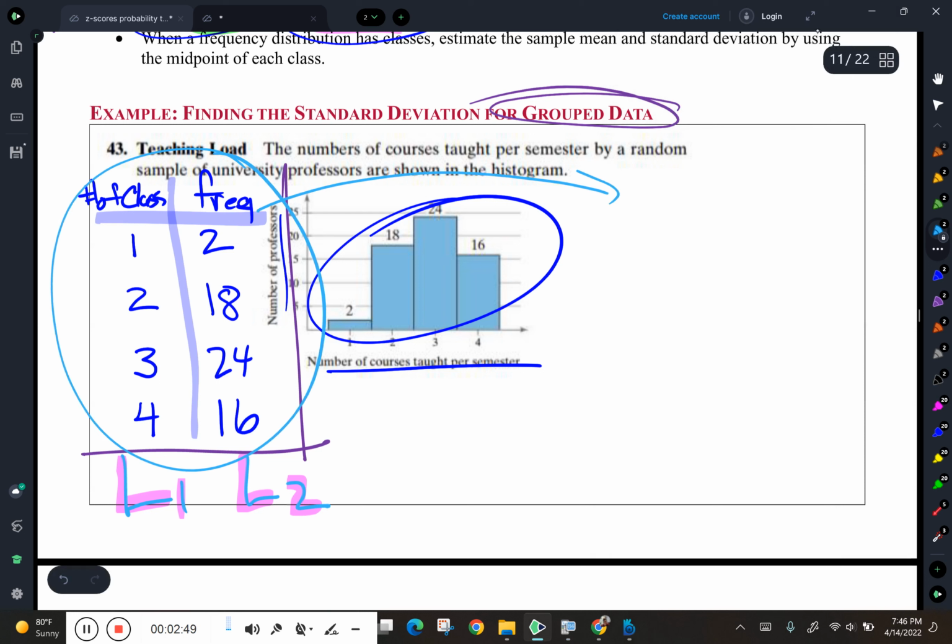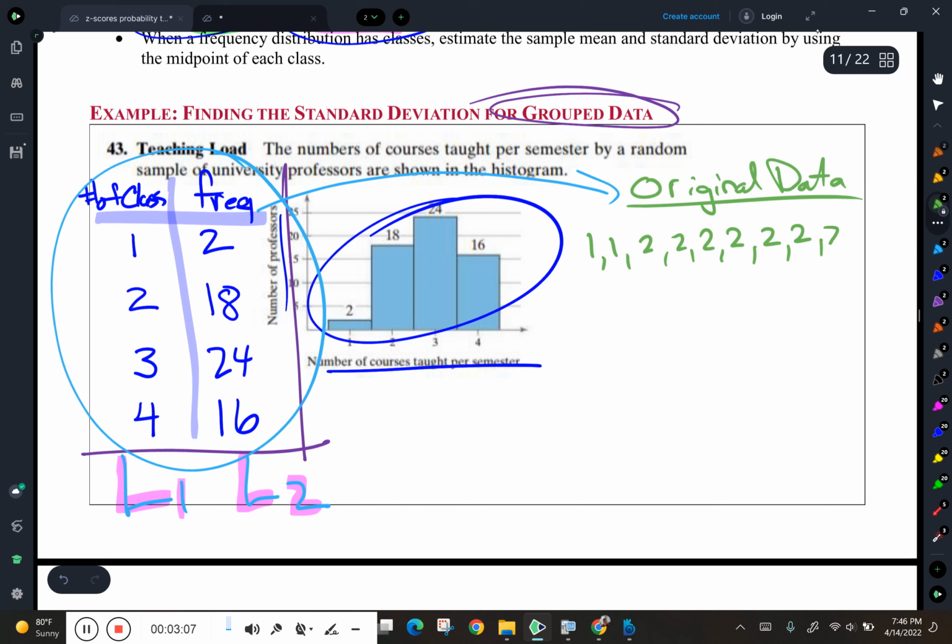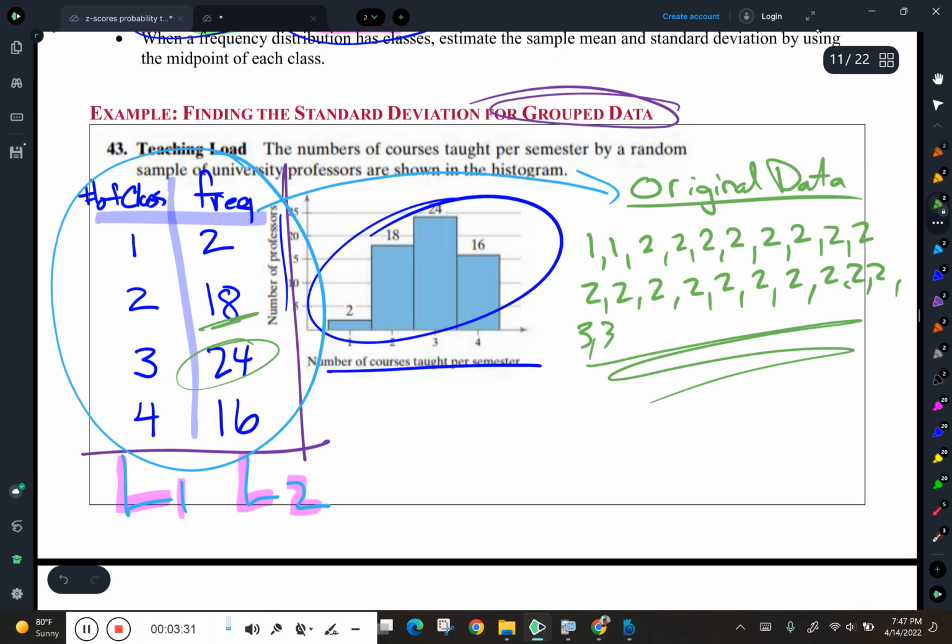What this frequency distribution tells me is that the original data looked like this: a 1 and a 1, and then a 2 eighteen times, and then I have to do a bunch of 3s, 24 of them. That's the original data set.